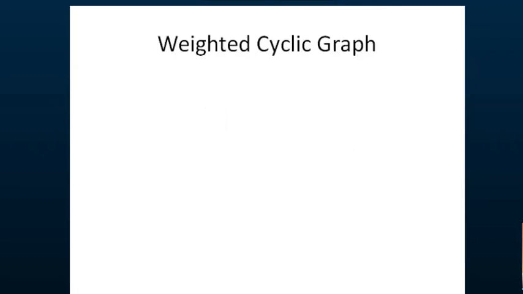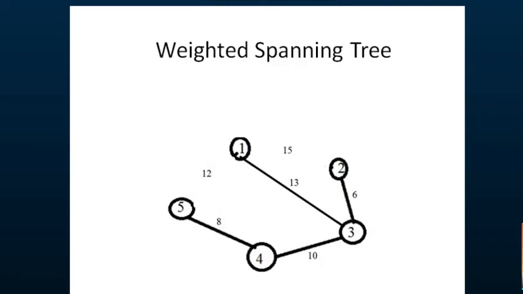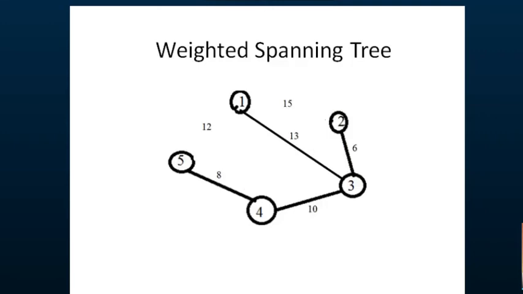Now, if we assign weights to the cyclic graph like this, then it is called a weighted cyclic graph. From this weighted cyclic graph also we can form different weighted spanning trees.